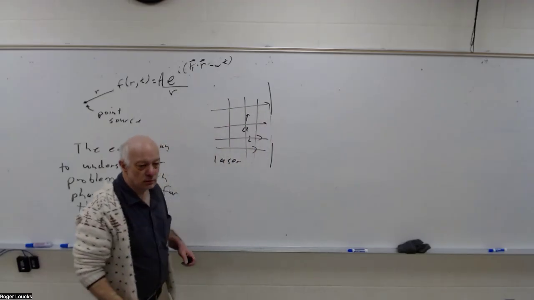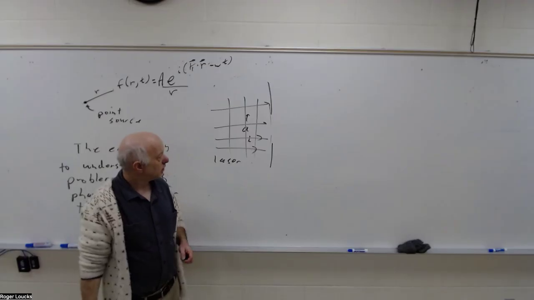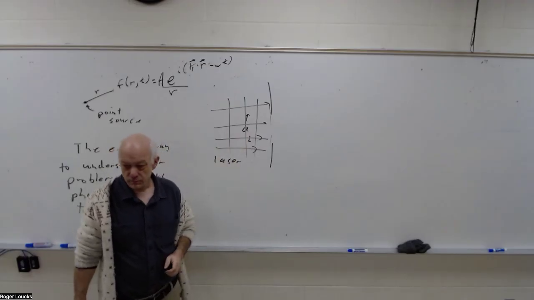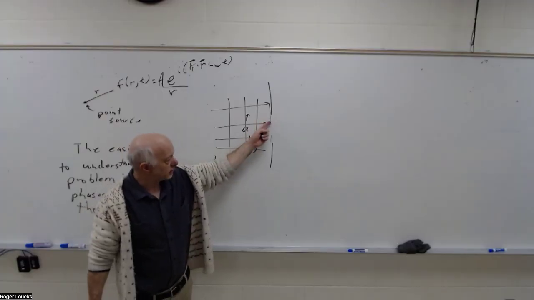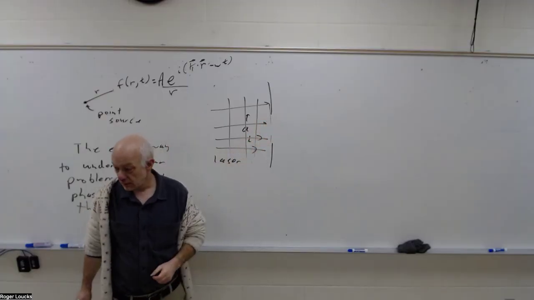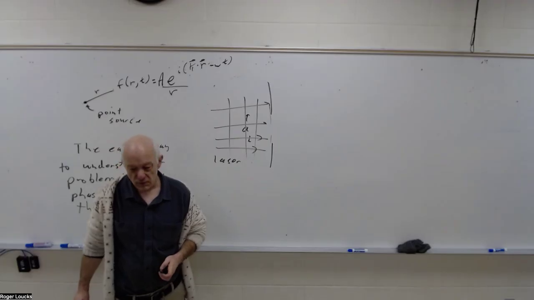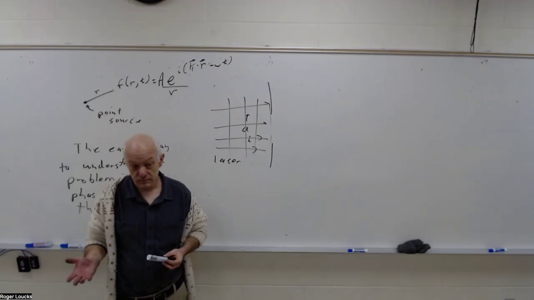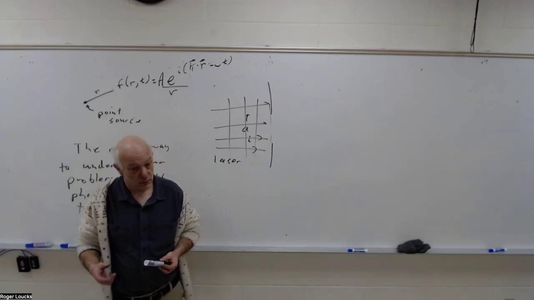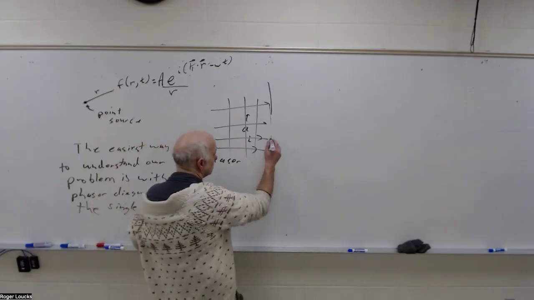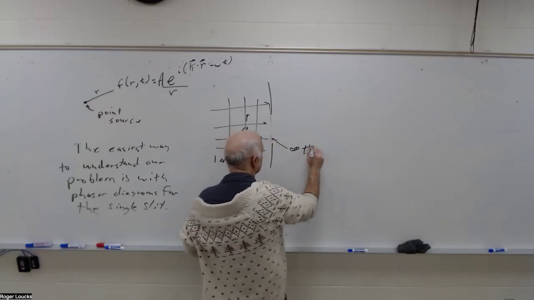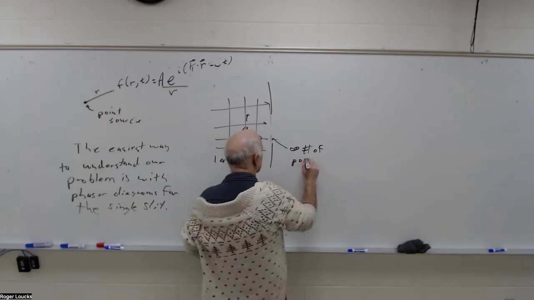This is just the whole laser beam like this. So what did we say about each point of the wavefront? Each is a point source. So how many would there be? Effectively, an infinite number of point sources.